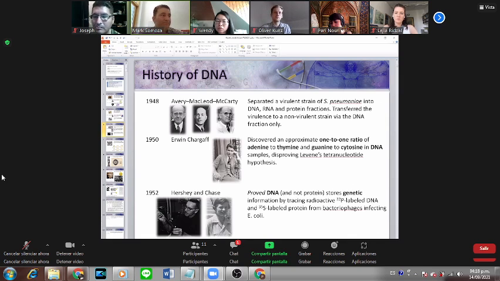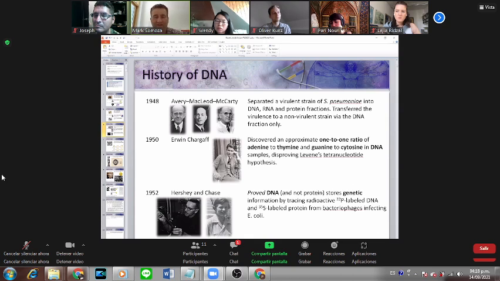But anyway, this is certainly important information. So in 1952, Hershey and Chase proved that DNA and not protein stores genetic information by tracing P32-labeled DNA and S35-labeled protein from bacteriophages infecting E. coli. Bacteriophages are viruses that infect E. coli, and they radio-labeled the protein components of the bacteriophages with sulfur and the nucleic acid component with P32.